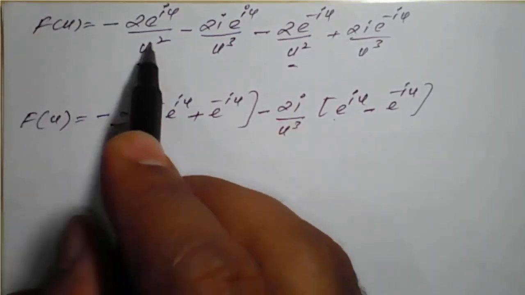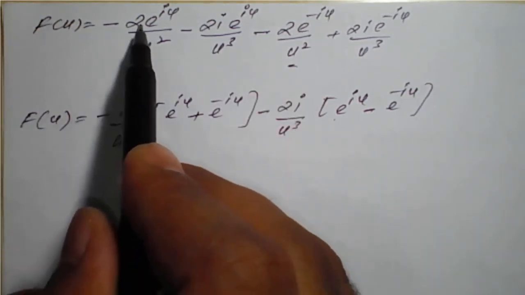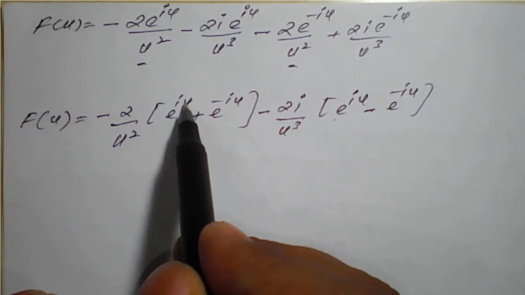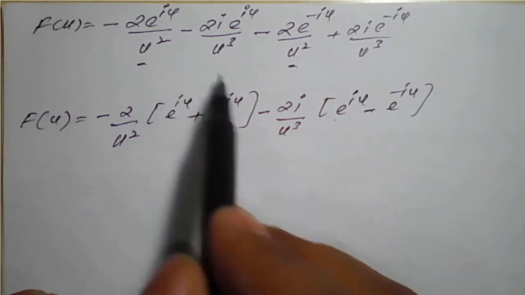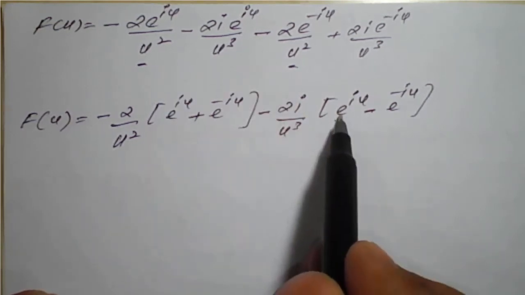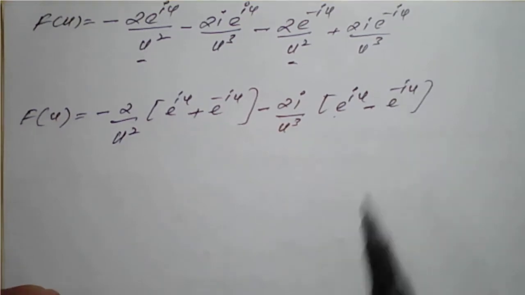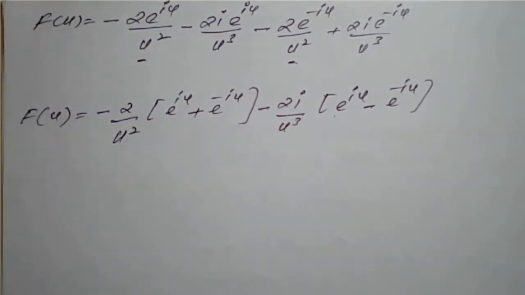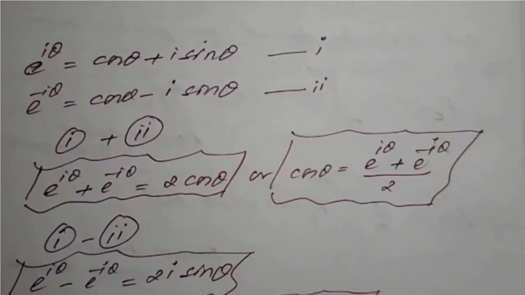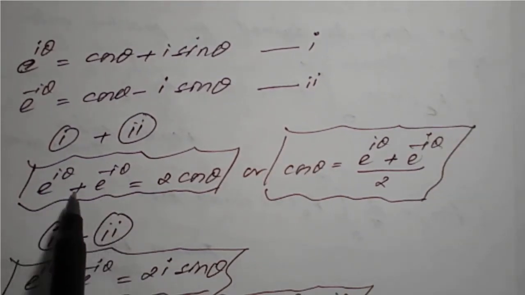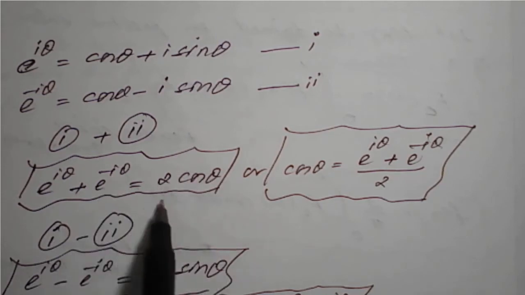Okay. So once again, first and third term we have taken minus 2 upon u square common. So we got e raised to iu plus e raised to minus iu, and among second and fourth we have taken minus 2i upon u cube common. So we got e raised to iu minus e raised to minus iu. So as you know, already we have seen one of the important results in the formula, as you can observe here, first result: e raised to i theta plus e raised to minus i theta is nothing but 2 times cos theta.